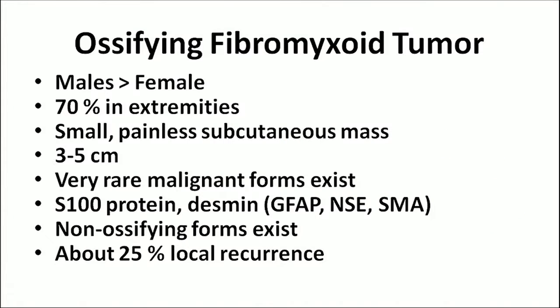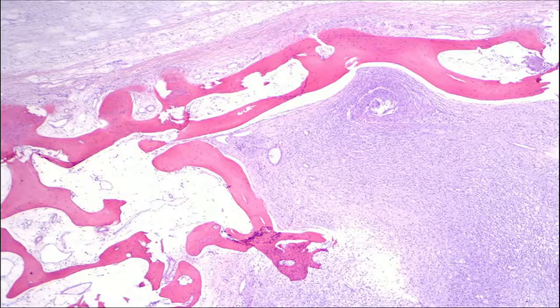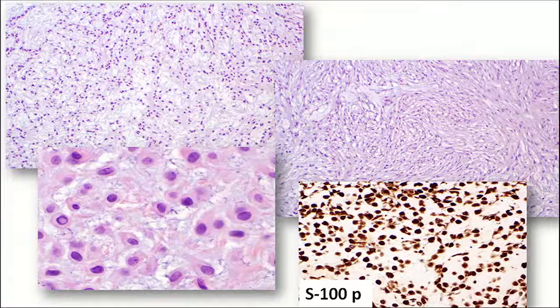So ossifying fibromyxoid tumor is not so common in the skin, but has a relatively newly described translocation, so I slotted them into the lecture anyway. Characteristically, they have this bone around the outside. Sometimes the more superficial ones actually lack the bony component, and then you have a non-ossifying ossifying fibromyxoid tumor.